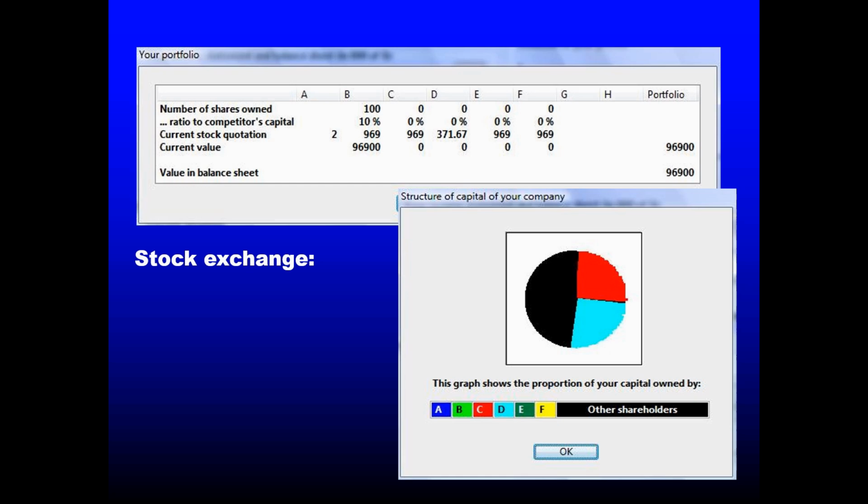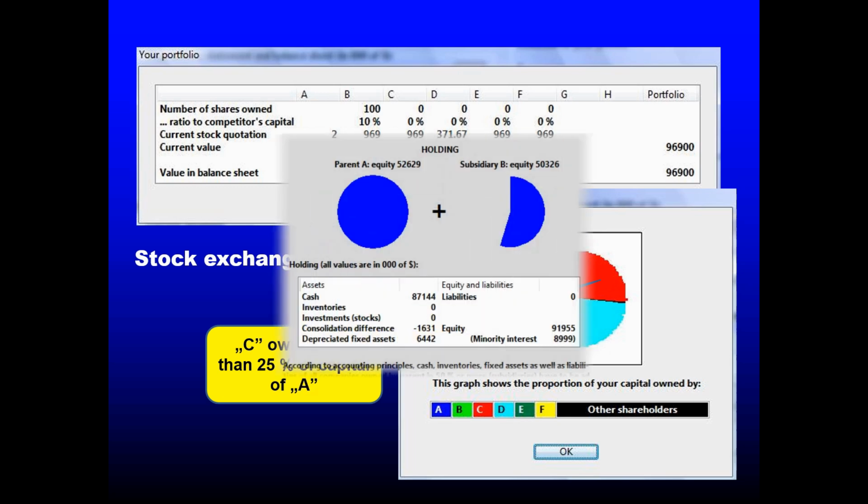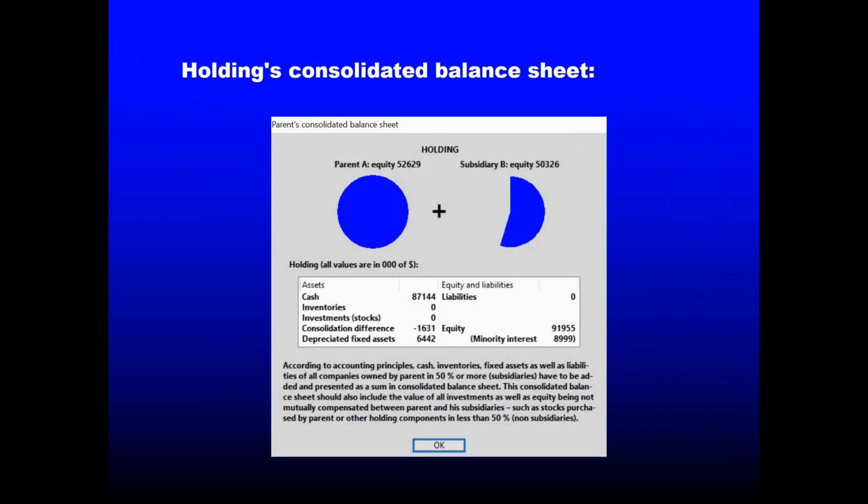Besides managing their own company and competing with other market players, students can also invest and divest on stock exchange, and even purchase or sell shares of stock of their competitors. Holding is created when a company purchases more than half of the shares of stock of another market player.